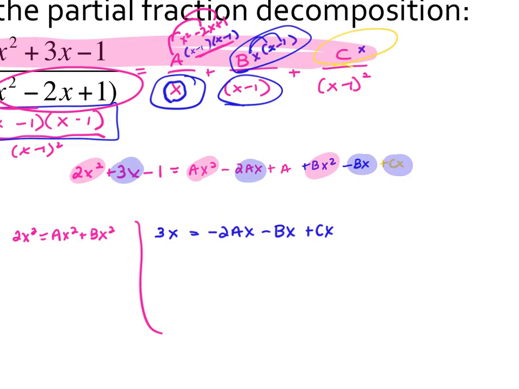And then we group together everything, do a different color, that doesn't have an x or an x squared. Negative 1 equals a. So we can come back through and cancel out all the x squareds here, because if I divided everything by x squared, they would cancel out. I can do the same thing with the x's here.